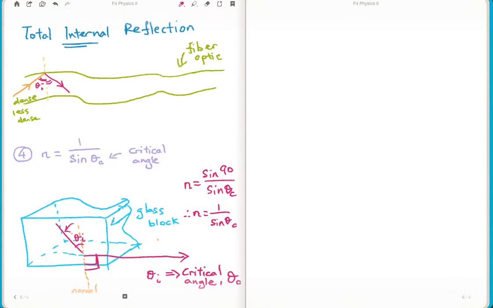When it's at the critical angle, then the refracted ray will be at 90 degrees. You may pause this video, go back to the previous minute, and listen to what I have said earlier. Okay, so this is the fourth way to get refractive index.